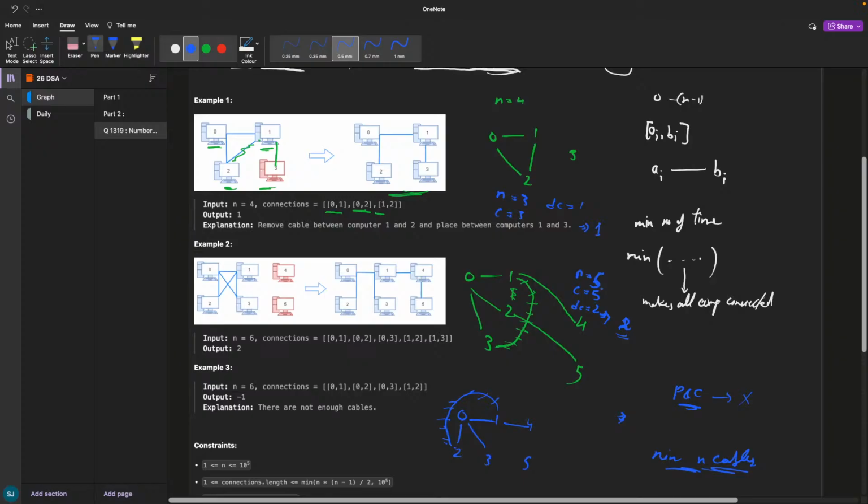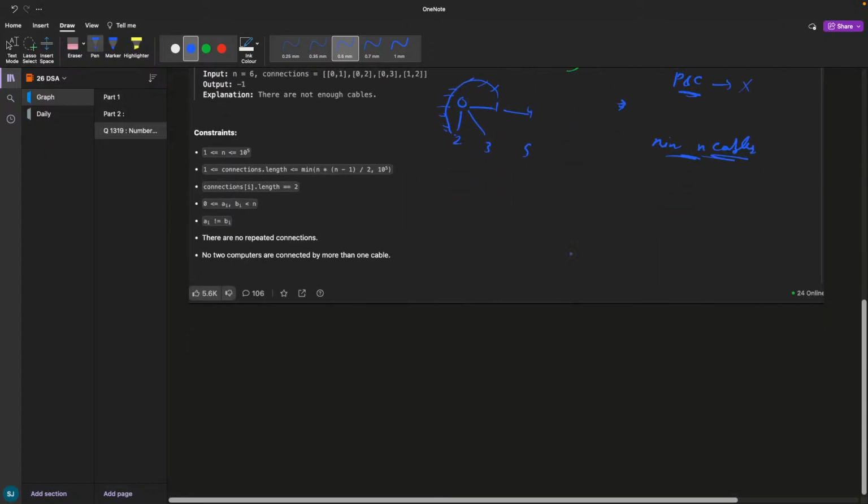I don't think this really establishes any pattern, so let's create a hypothesis, right? A clear hypothesis to help us out. Now I'm not sure if it will be correct or not, but we can give it a try anyways. Okay, so n minus 1, right? So C is the cable count.